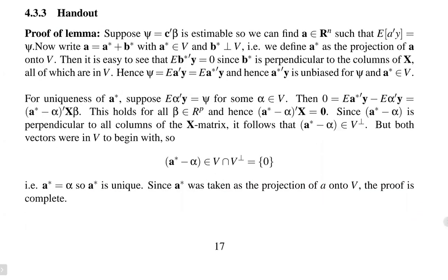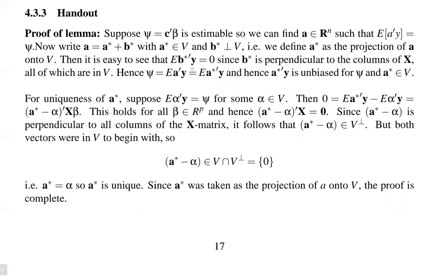So let's start with this. We assume that we have an estimable function. We know then, according to the definition, that we can find an A such that the expected value of this linear combination of the y's is equal to psi. And now we split this up. We write A star for the projection of A onto V, and then we subtract and have B star as the perpendicular part.